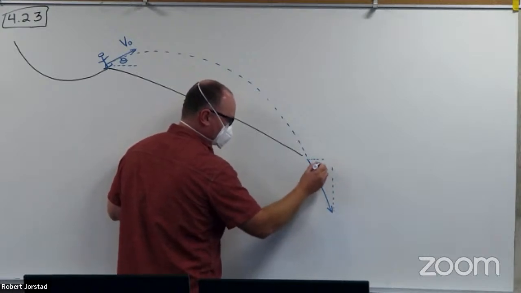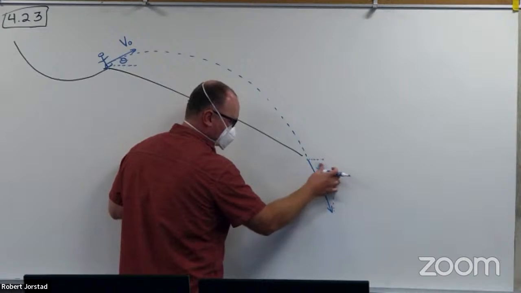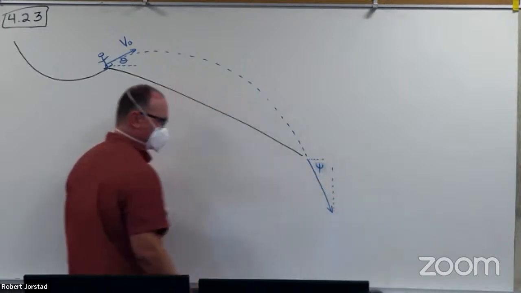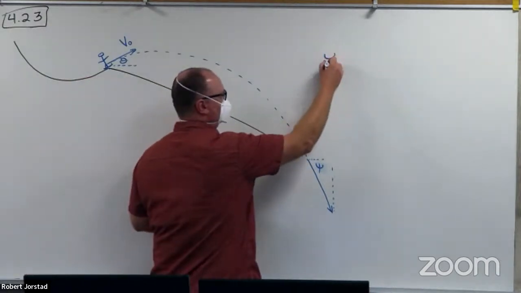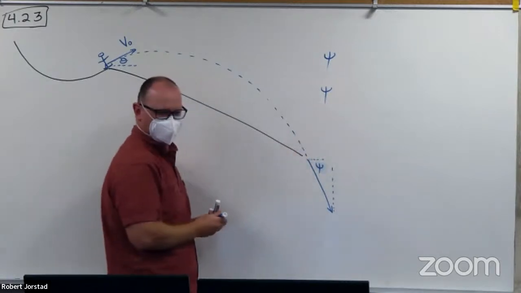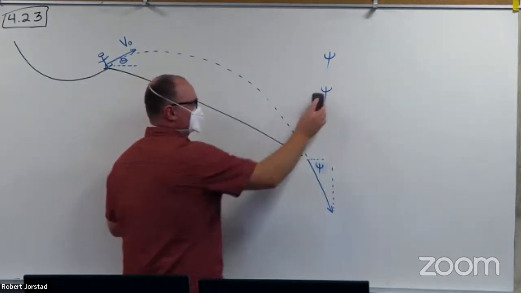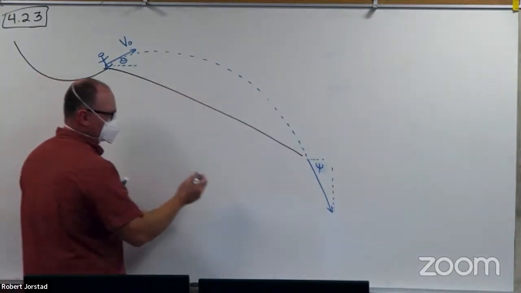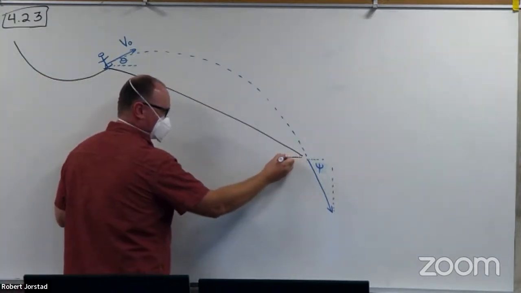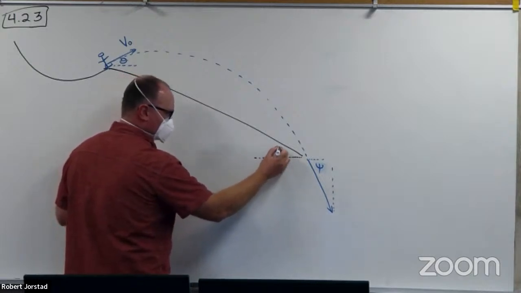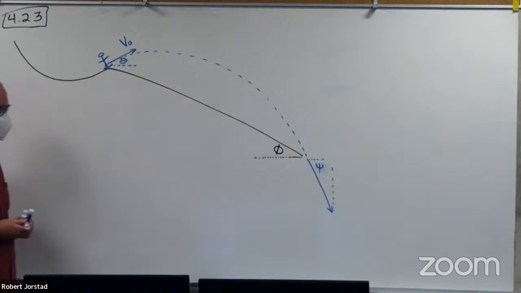And I'm going to call this angle, I think in the homework problem, I called it psi. Looks like a saguaro cactus. Just draw a letter U and then draw a line through it for psi. I did that because very oftentimes, this is a standard question in many books. Most books like to call the angle of the slope of the mountain phi. Okay.